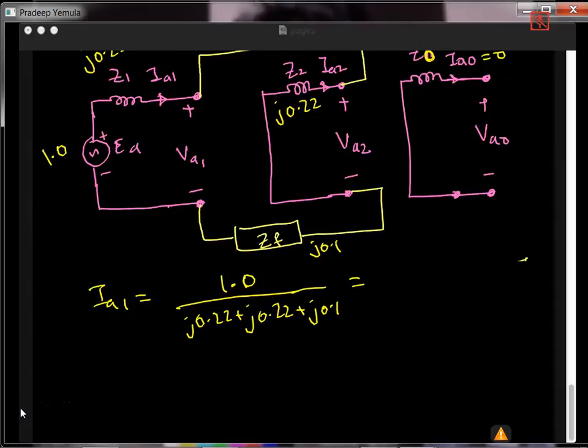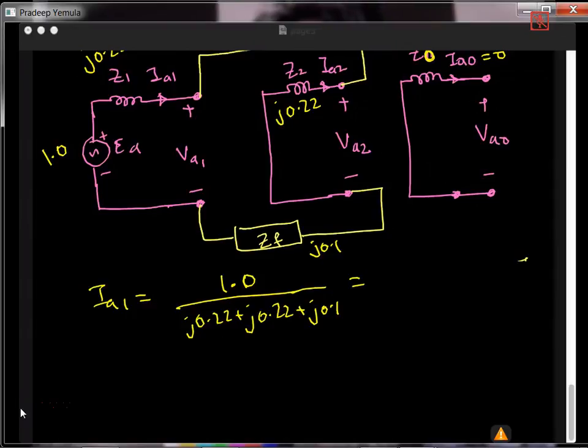IB is minus 3.2 per unit, and IC is plus 3.2 per unit. In other words, IB is 3.2 angle 180 degrees and IC is 3.2 angle 0 degrees.